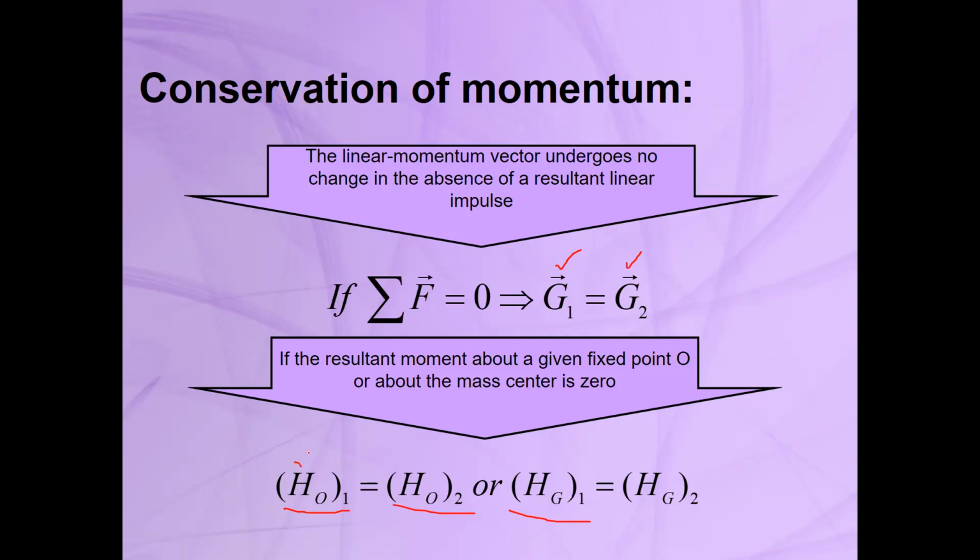When you are calculating H_O1 and H_O2, you need to find the mass moment of inertia about point O. But for H_G1 and H_G2, you need to calculate the mass moment of inertia about point G, which is the mass center. Okay, clear? Any questions so far?